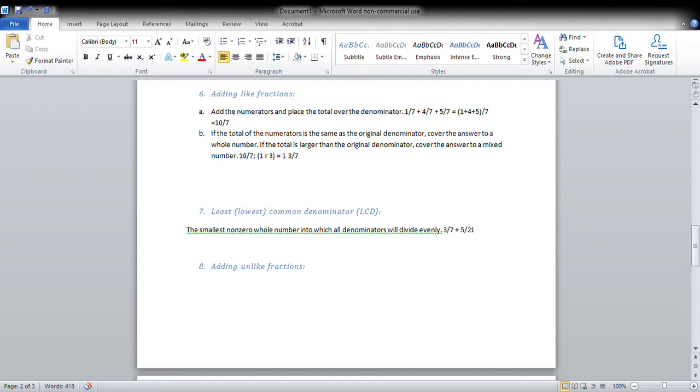So there's a couple of ways to do this. And what the book suggests that we do is that we multiply the larger denominator, which is 21, by 2, which gives us 42. However, we know just by knowing our multiplication tables that 7 times 3 is 21.